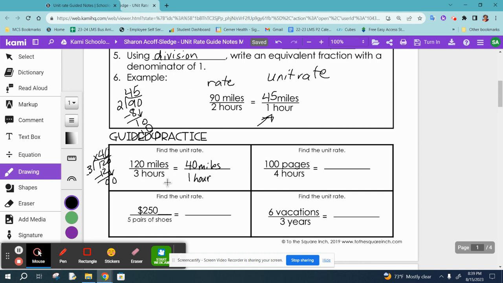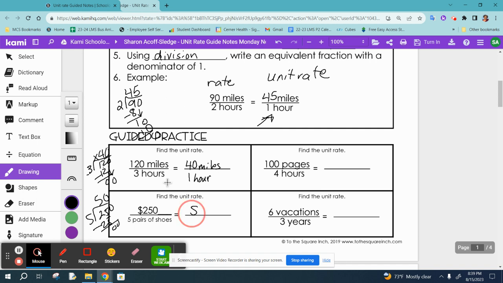Okay. Now, this next one, let's do this one. $250 for 5 pairs of shoes. So we divide 250 by 5. Some of you probably already figured out 5 goes into 25 5 times. 5 goes into 0 zero times.